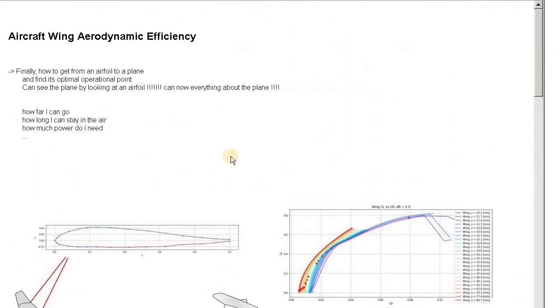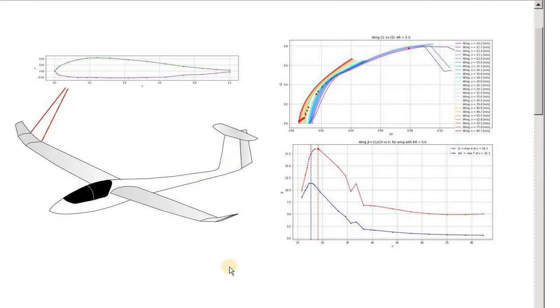At this point, I can say that I'm pretty happy with the results. I can choose any airfoil I wish, and I see the direct connection to the plane performance. I can look at the polar curves, and it says a lot about the performance of the plane. Or for instance, I can plot the efficiency curves, and I can maximize the duration of the flight or the flight range.